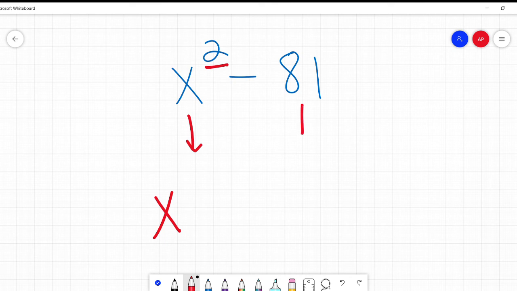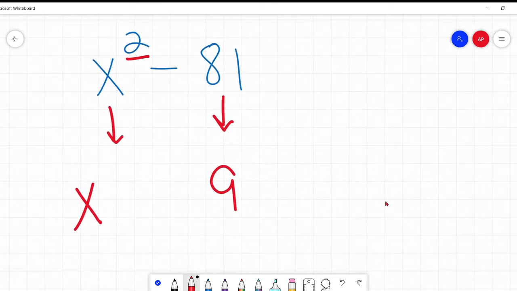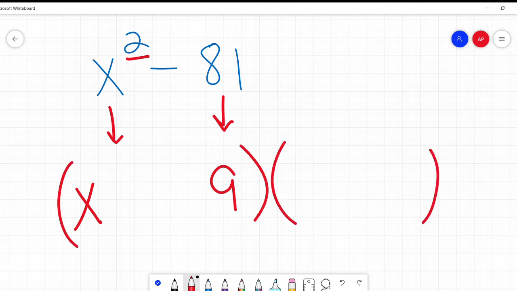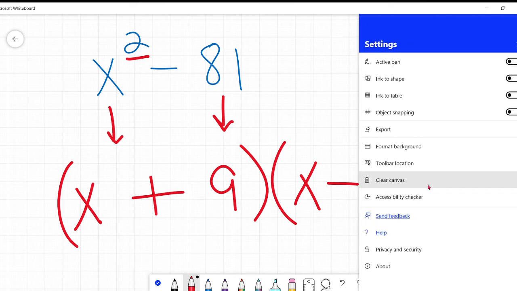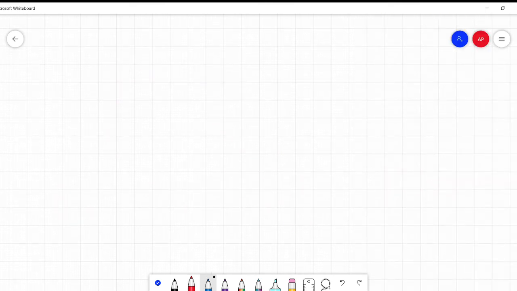Square root of 81 is 9. So I'm going to, I wrote those way too far apart, of two parentheses, with x and 9, one is plus, one is minus. And that's my answer.